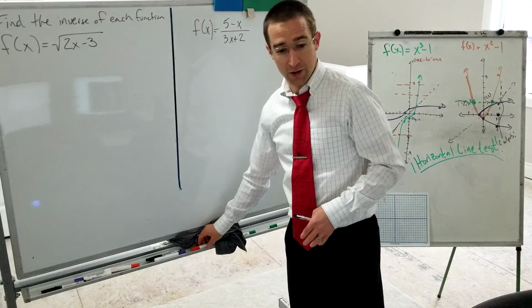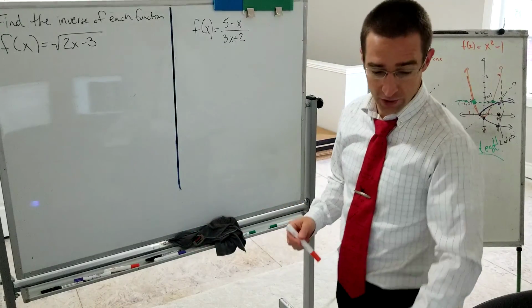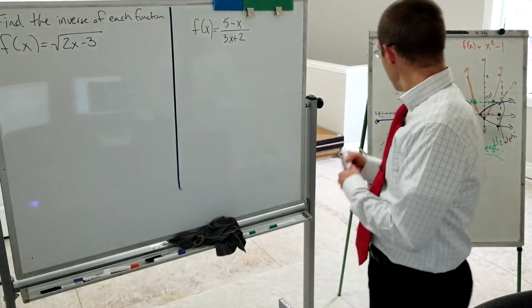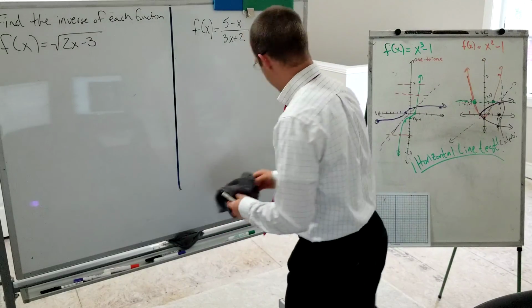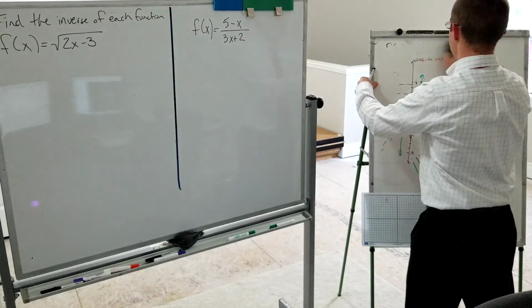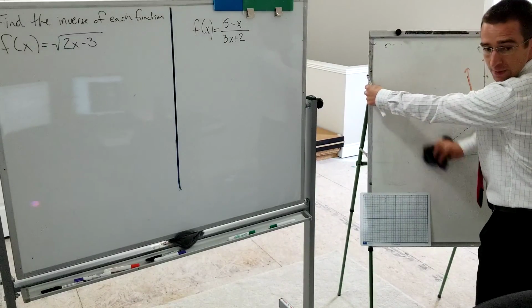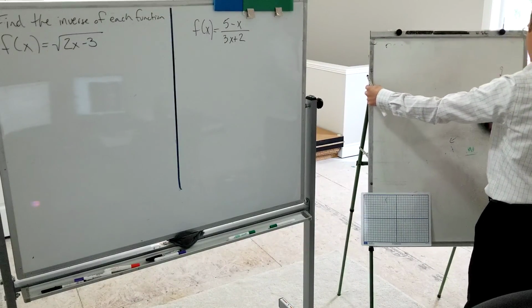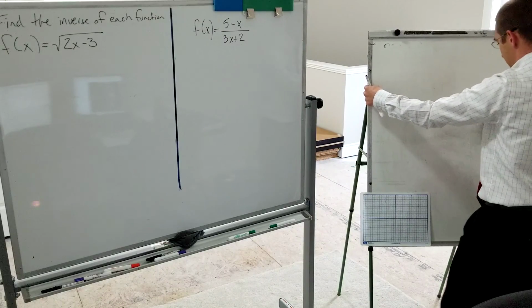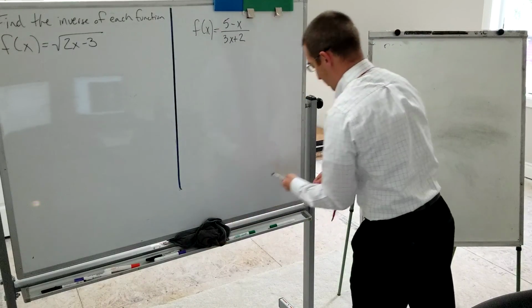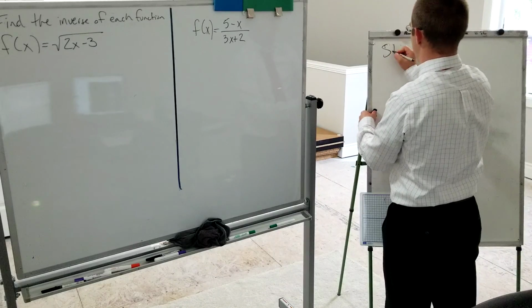So I'm going to write down some steps for finding the inverse. I'm going to say them out loud while I write them so you can write them down too. The first step is to make sure the function has an inverse. So you want to do the horizontal line test.